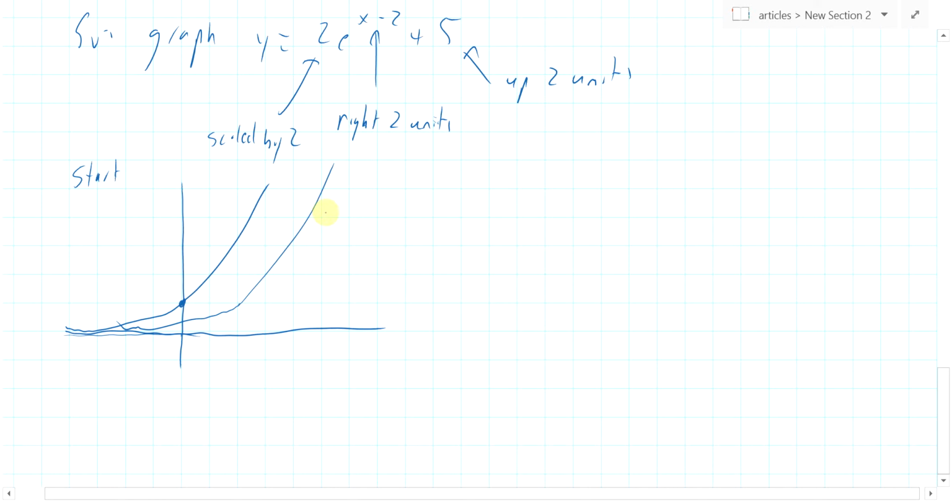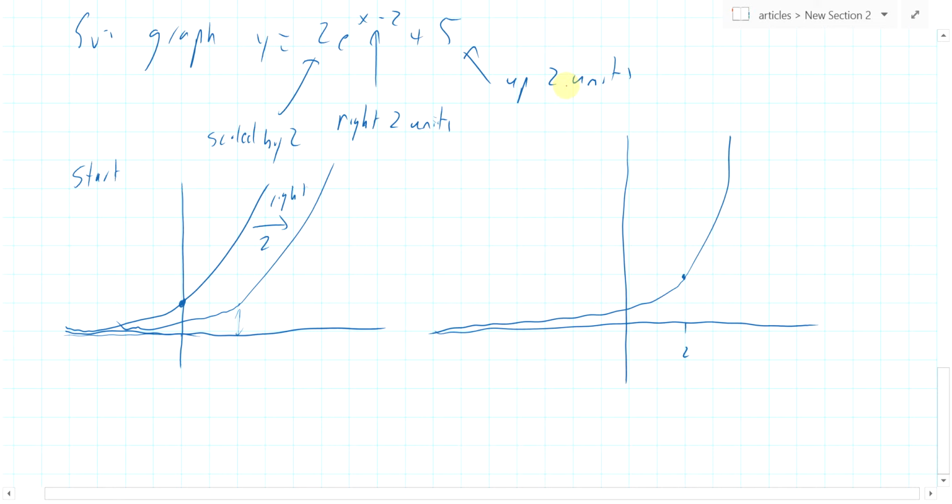So this is right 2 units. Now the scaling is scaling by 2, and what's that going to do? That's going to double this distance. So it'll keep the tail at the place where it is. But now, since we've moved right 2 units, we will be 2 units up instead of just 1 unit up from the tail. And the tail still comes back here, and it still grows very high there.